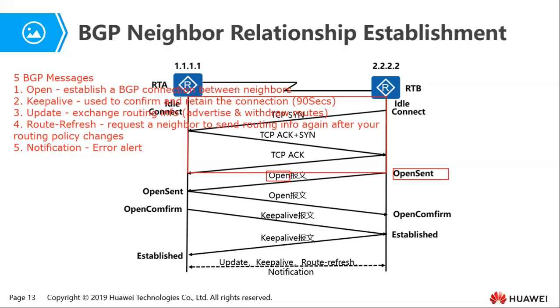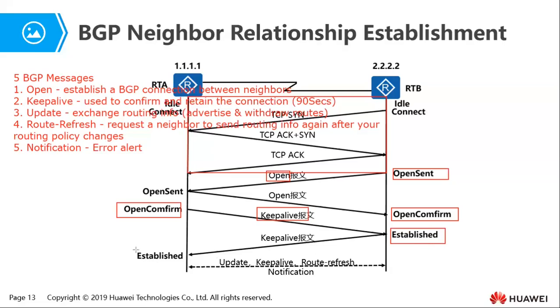If all the parameters are matched and they're good, then you transit from the open sent state to open confirm. So this guy has also transited to open confirm, and it's only after you're in open confirm that you can send your first keep alive packet. When this guy receives your keep alive packet, they transit to the established state.